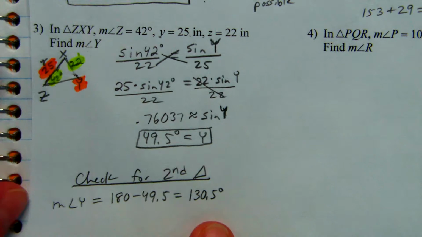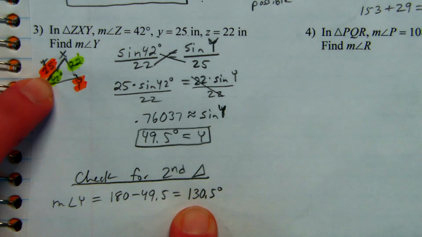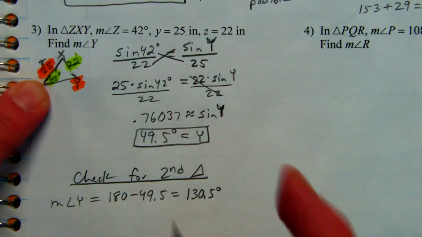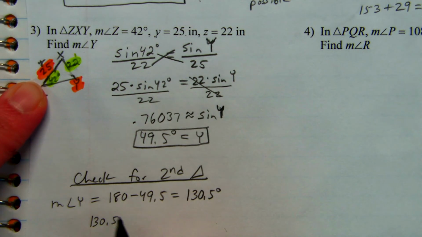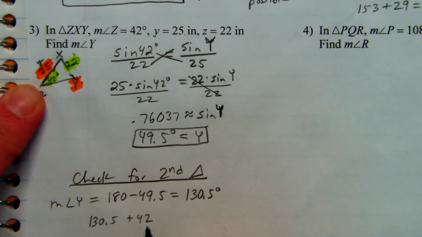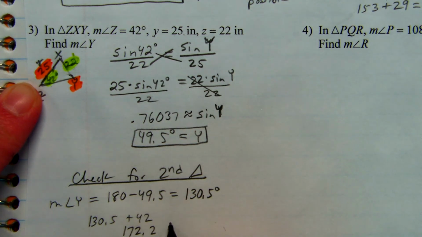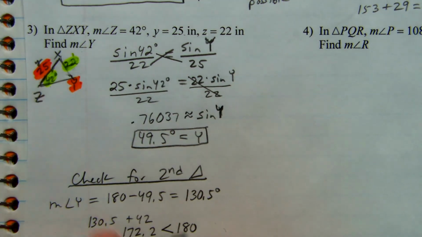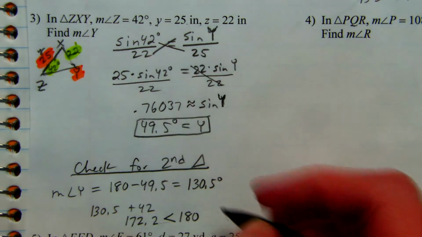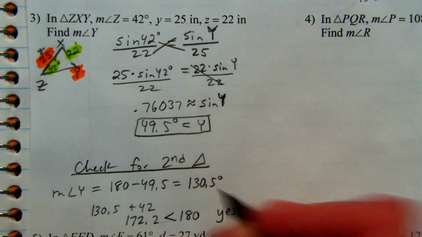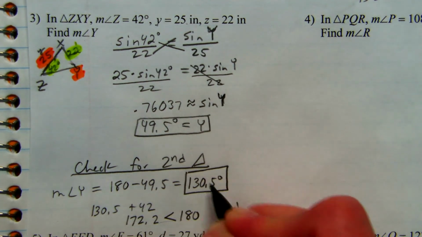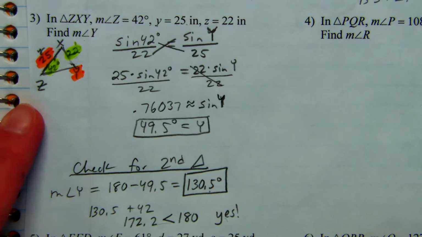And we just need to see if that would work with the 42 that they originally gave us. So if I add 130.5 and 42, that comes out 172.5, which is under 180. This is the test. If it's under 180, then that means yes. And this is another possible measure for that angle.